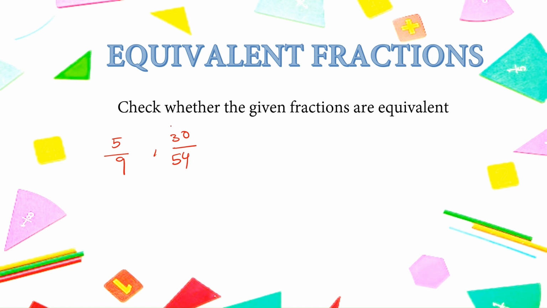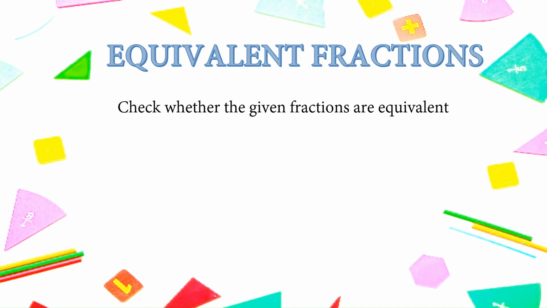The value has got increased, which means we have multiplied this. And 5, when can we get that? It is 5 times 6 is 30. And even the denominator, if you see, 9 times 6 is 54. Both numerator and denominator were multiplied by the same number, which means they are equivalent. So both the fractions are equivalent.